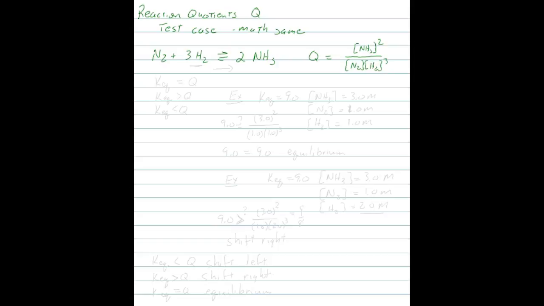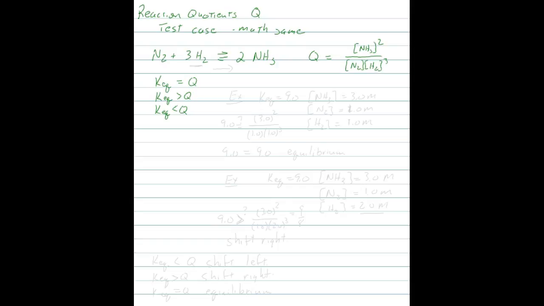That's what Q is, and so you just test to see if KEQ is equal to Q, if KEQ is greater than Q, or if KEQ is less than Q. So you just plug the numbers in.